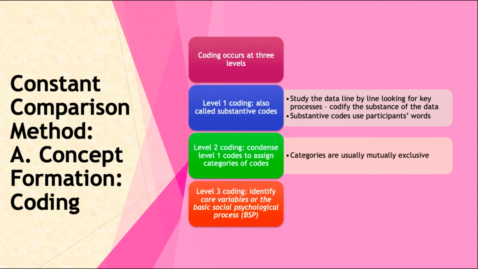Now the third type of coding is to identify the core variables or the basic social psychological process, or we call it BSP. And here it means that from the categories we develop the general category or the theme.